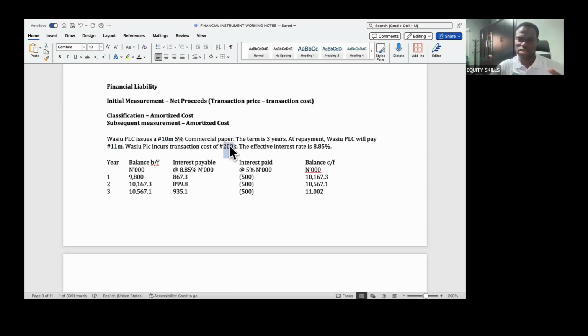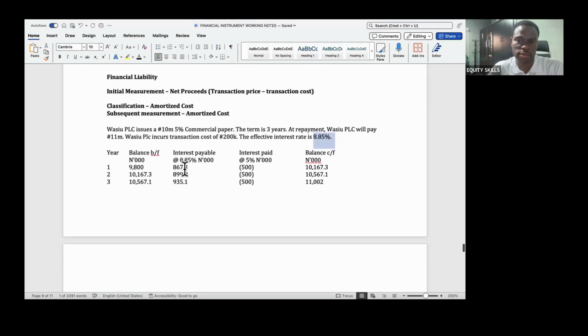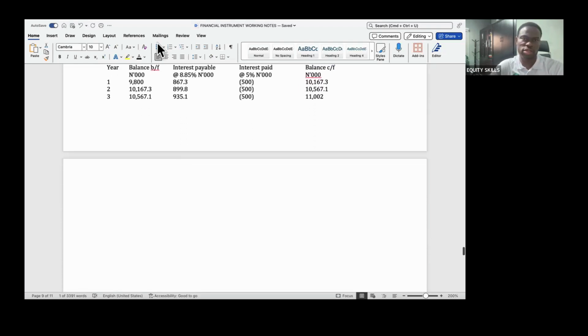So those costs are what this effective interest is helping us spread over the 3 years in order to follow the accrual basis of accounting. And these are what you will find in your exam. If you know this, it's like 7 marks, 5 marks for you. You're good to go. That's it for measurements.